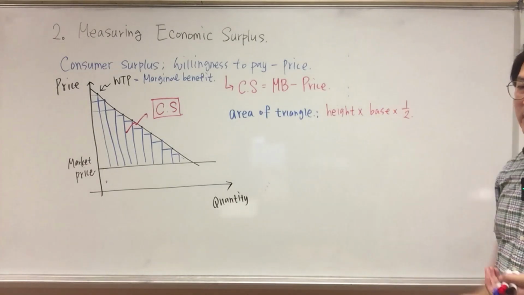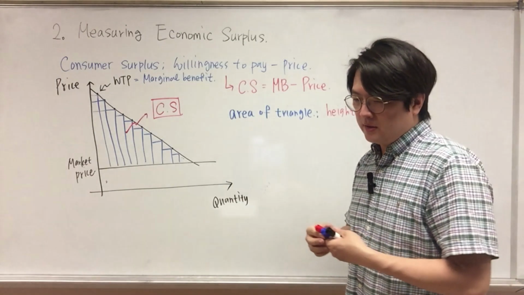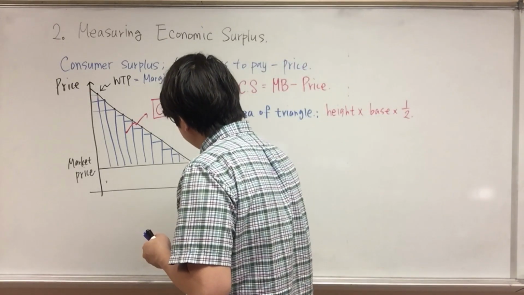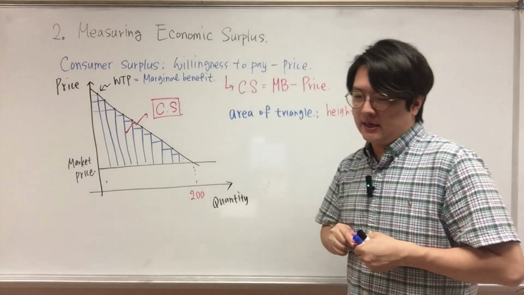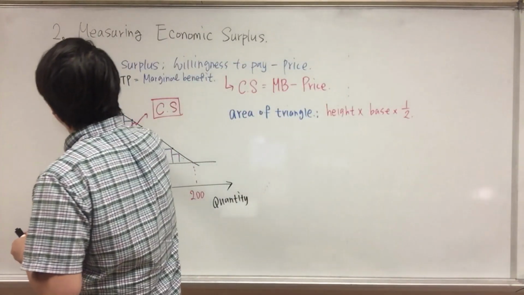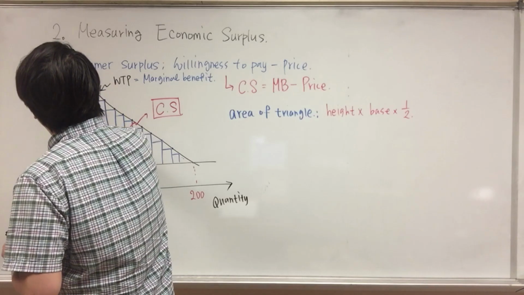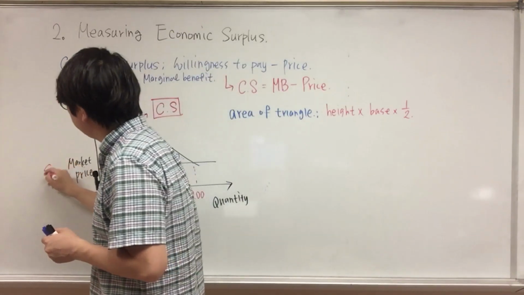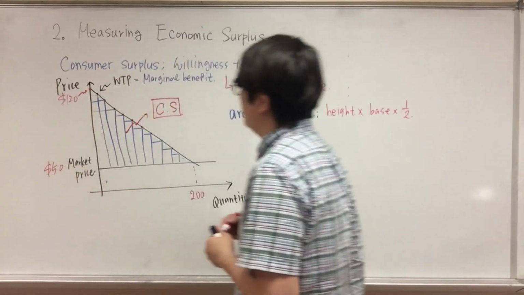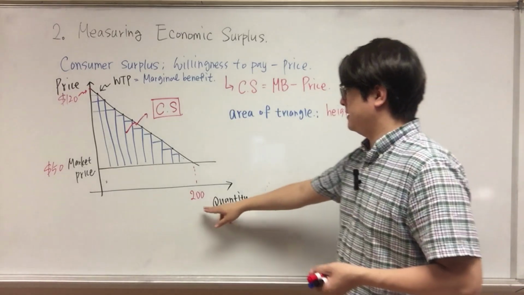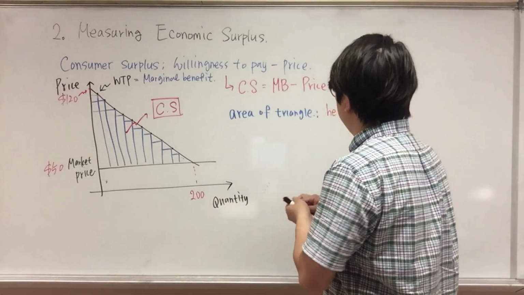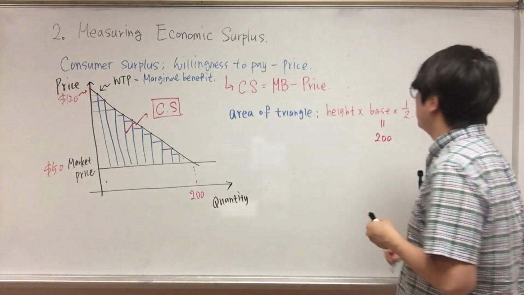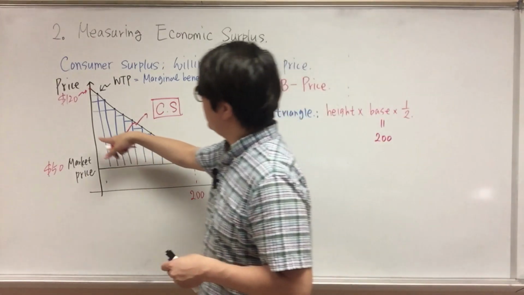That's the formula. Let's say the quantity is 200, and here is 120. The market price is 50, right? So what is the base? 200.